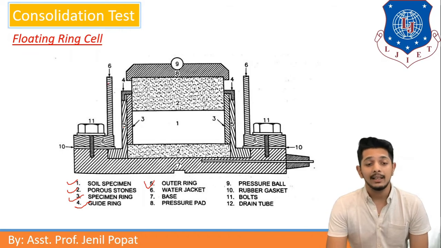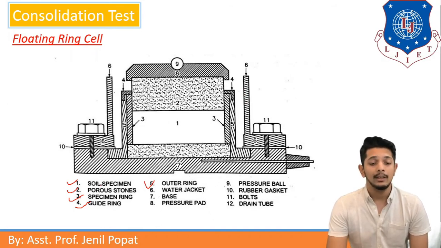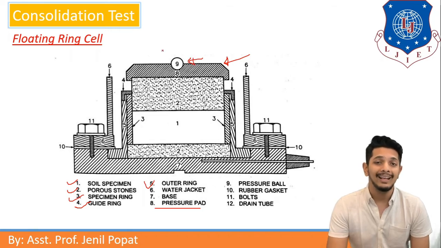Furthermore, water jackets are provided at item number 6. You can see that these are the walls, or we can say water jackets. They provide water. And 7, below that there is a base kept, as well as a pressure pad. This is a pressure pad, and at item number 9 this is a pressure ball. Here there is a ball kept.